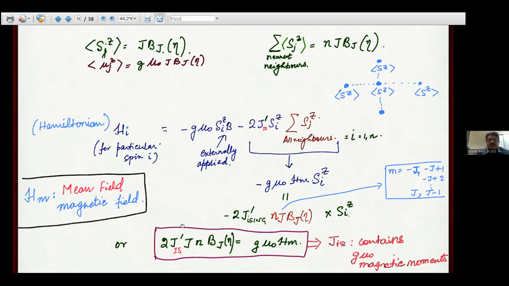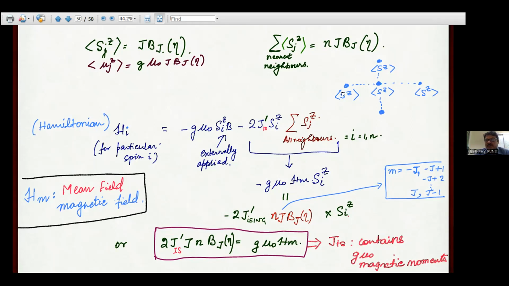If you had n neighbors, then the average magnetization of each spin, summed over nearest neighbors, each has this value, is then n J Brillouin function of J, function of eta.